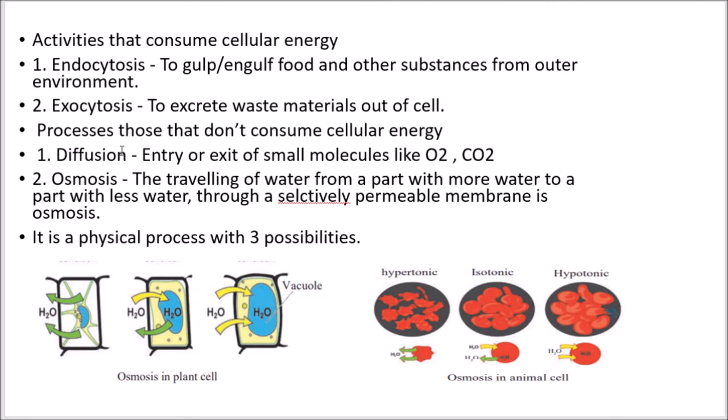Processes that don't consume cellular energy are first diffusion and second osmosis. Diffusion means the entry or exit of small molecules like oxygen and carbon dioxide, and osmosis means the travelling of water from a part with more water to a part with less water through a selectively permeable membrane.